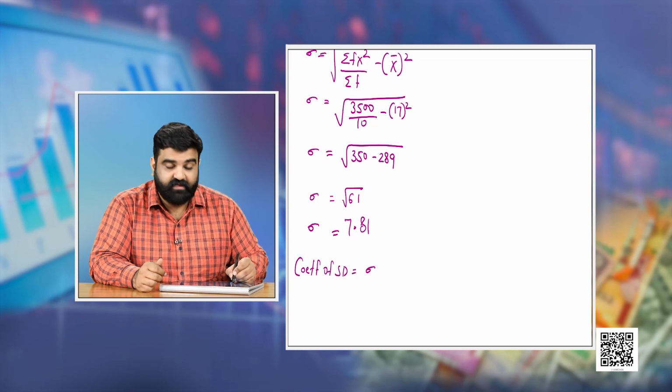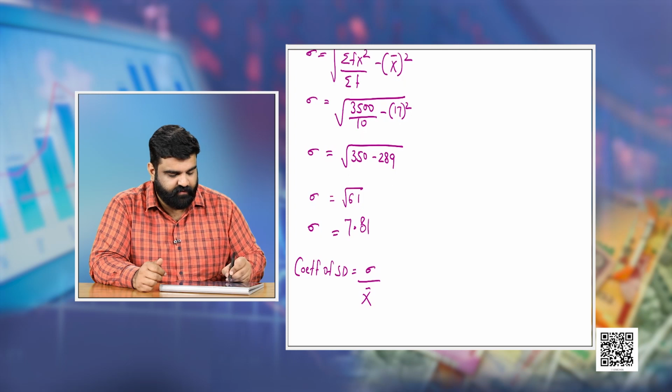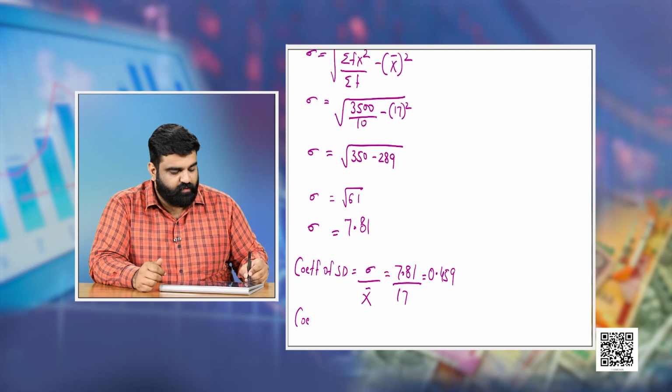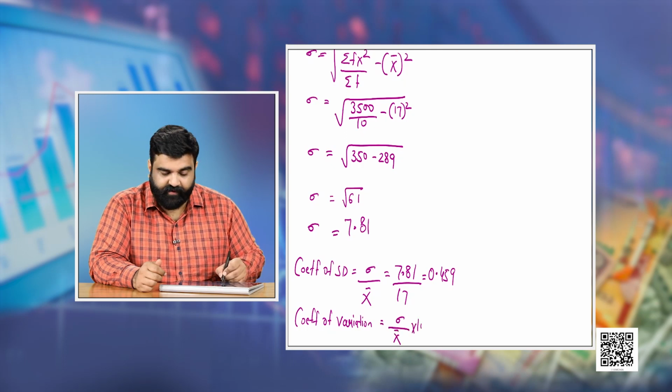Now, let us also calculate the coefficient of standard deviation. The formula for this is standard deviation upon mean, which will be 7.81 upon 17. This will be 0.459. Let us also calculate the coefficient of variation, which is represented by the formula standard deviation upon mean into 100.